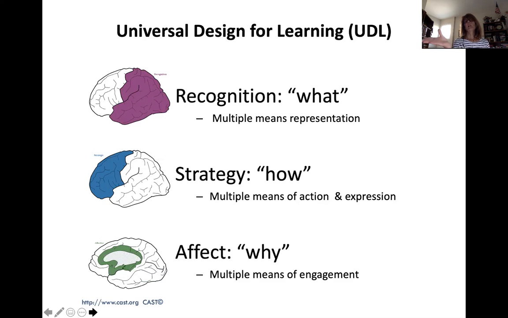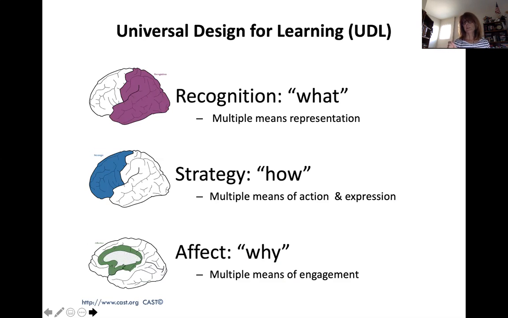In other words, if you look at the top, our recognition system in our brain wants to know what we're learning, which is why that multiple means of representation, the visual, the auditory, the slides versus the lecture, are the things that we want to be able to light that part of the brain up.